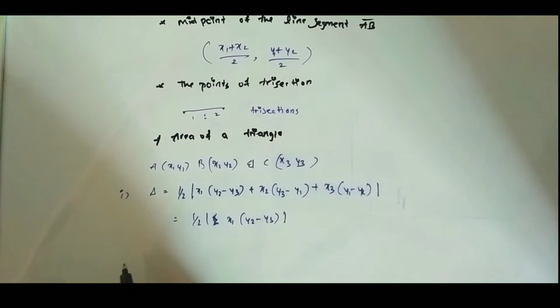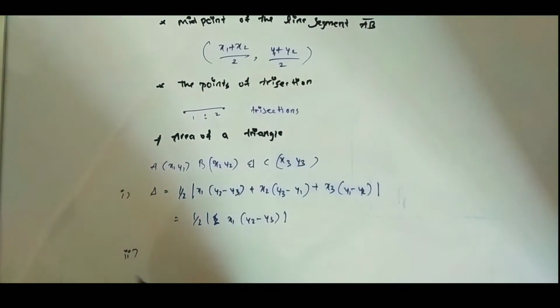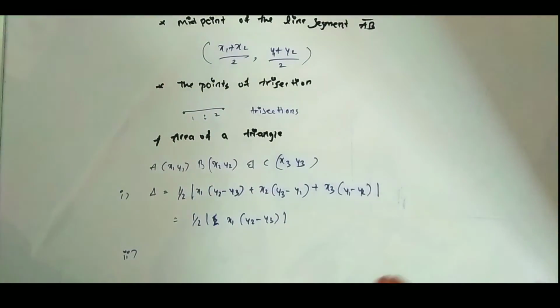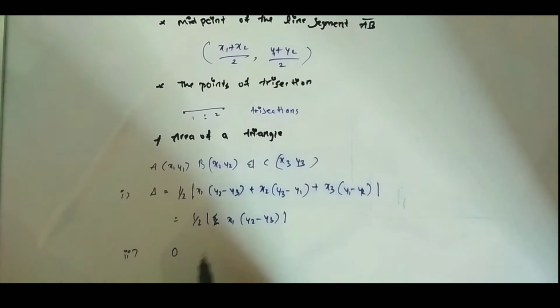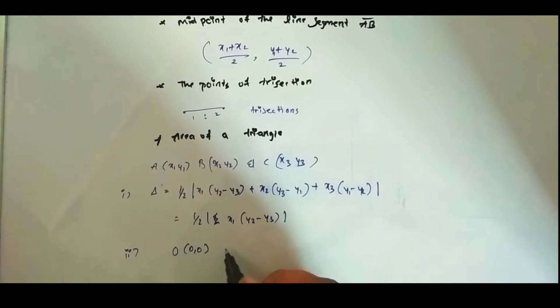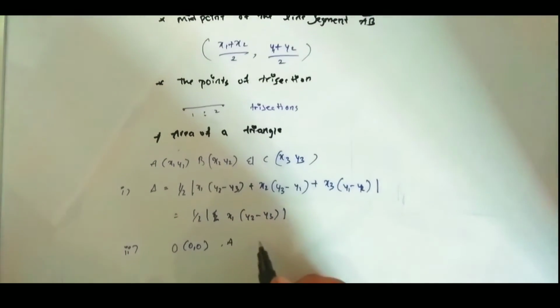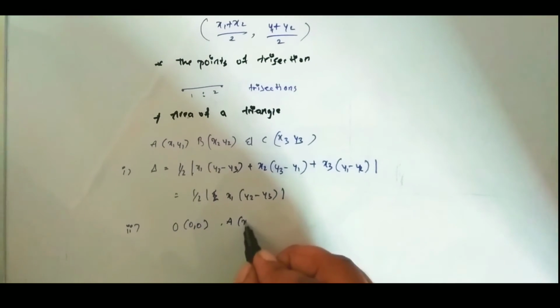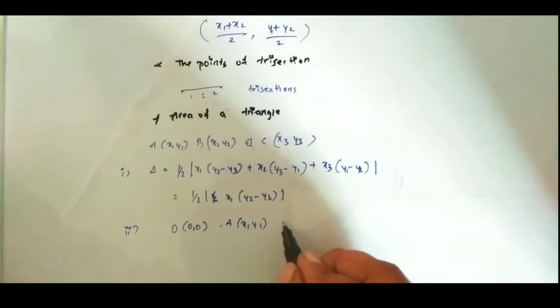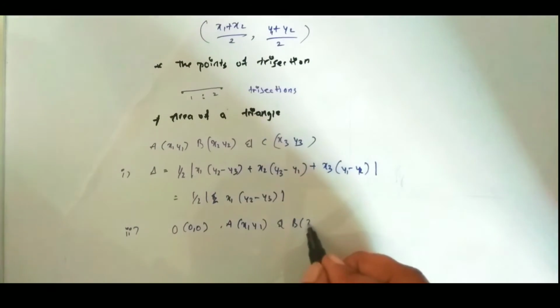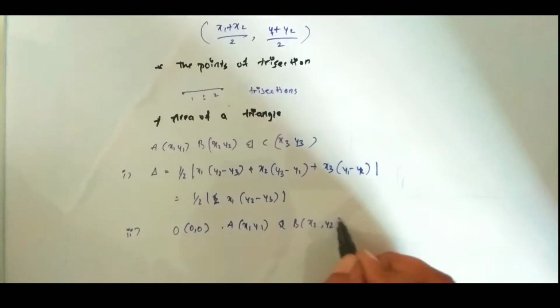We take the second formula. The triangle OAB with vertices O at 0 comma 0. This is the O point, and we take A point x1 y1 and B point x2 y2.